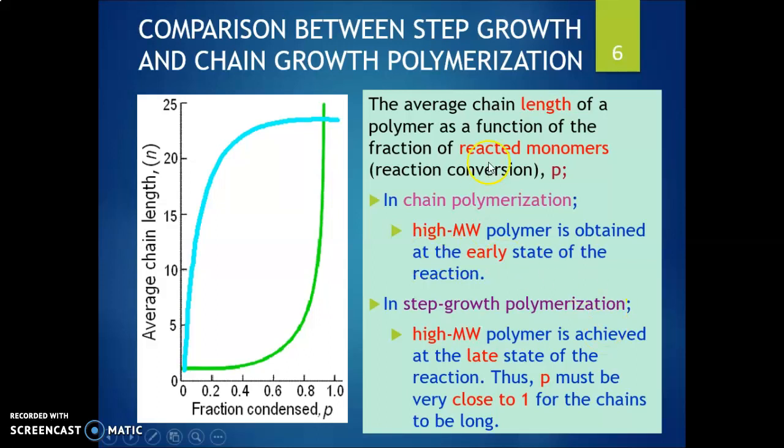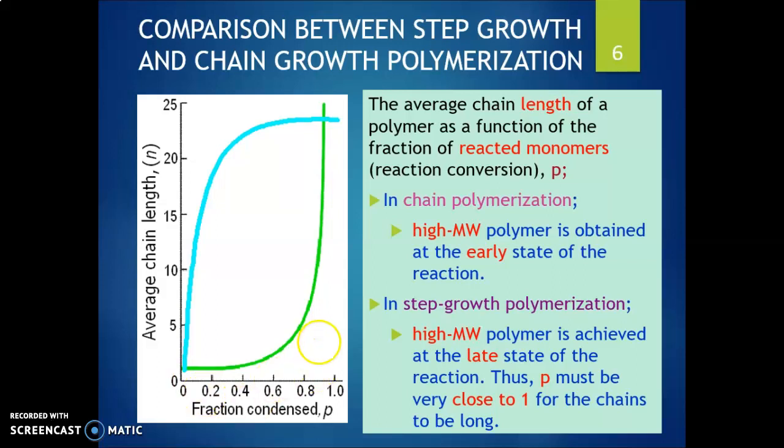The comparison between step growth and chain growth polymerization according to the average chain length. So this is the average chain length of a polymer as a function of the fraction of reacted monomer, which is P, in chain polymerization. So high molecular weight polymer is obtained at the early stage of the reaction.